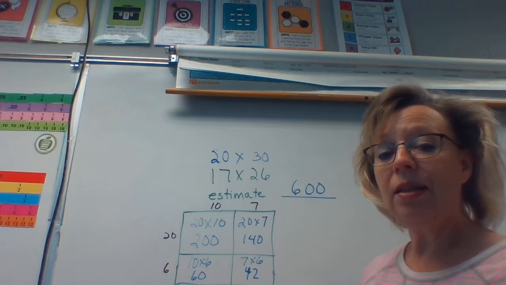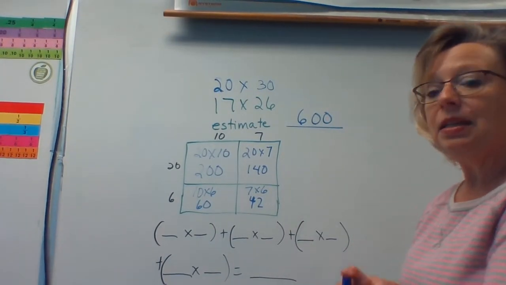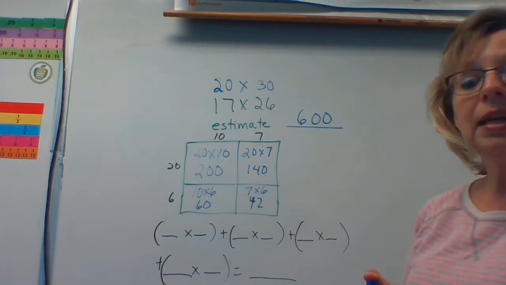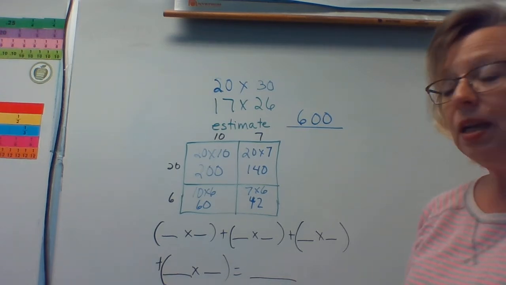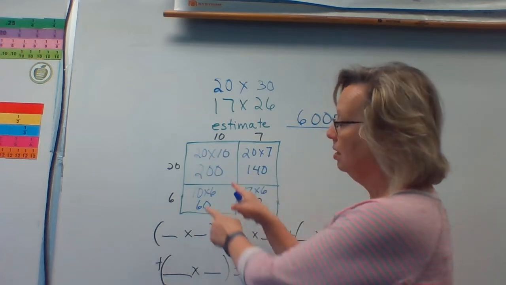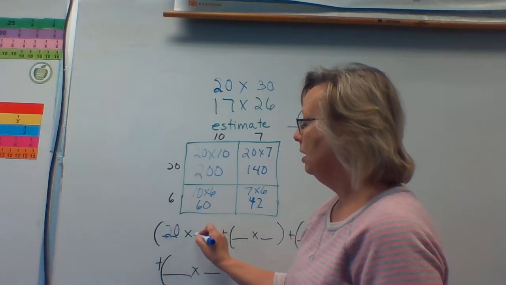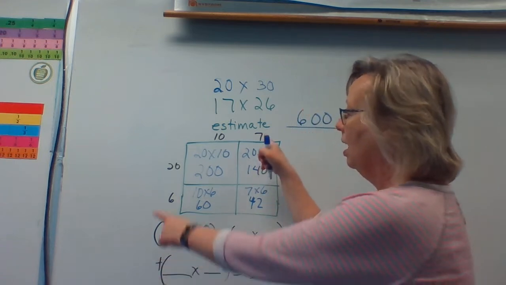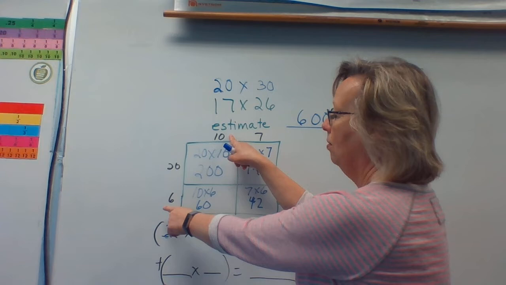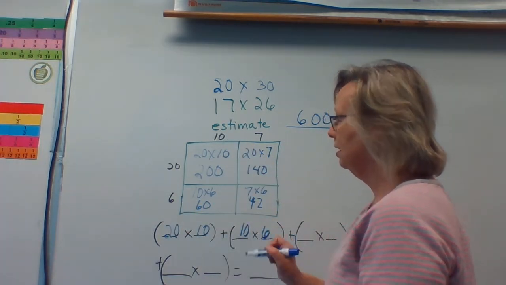Now I have some other lines written down below, and you're going to see this sometimes as a way again of showing your work. And what they're really asking you to do is the same thing you've done in the boxes. So this equation of 20 times 10, then I want to still use my 10 right here, 10 times 6.